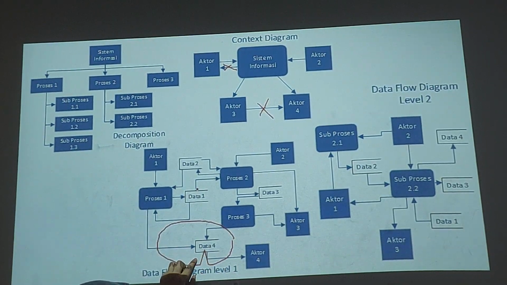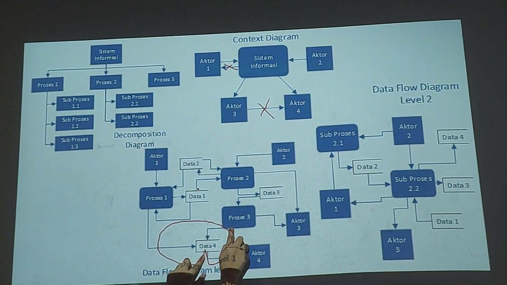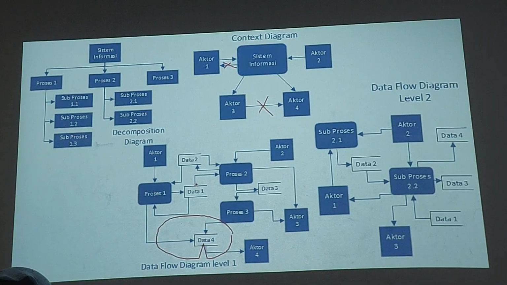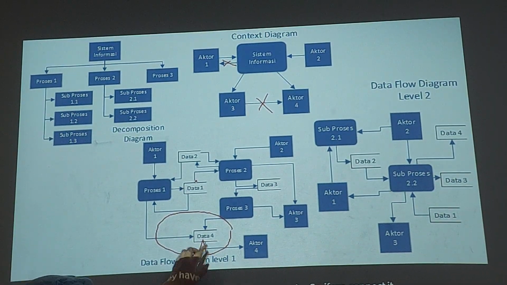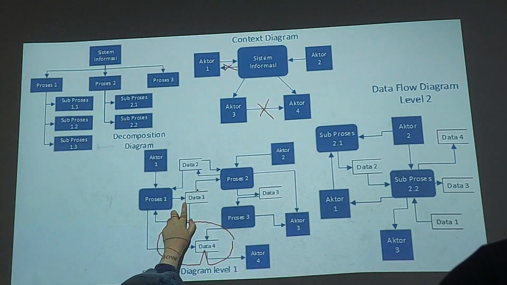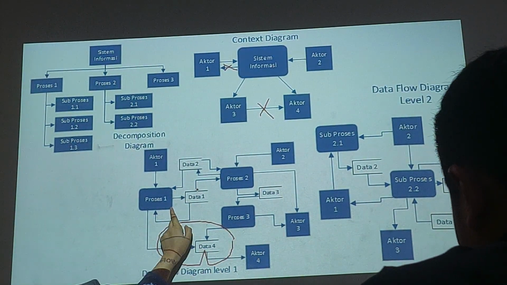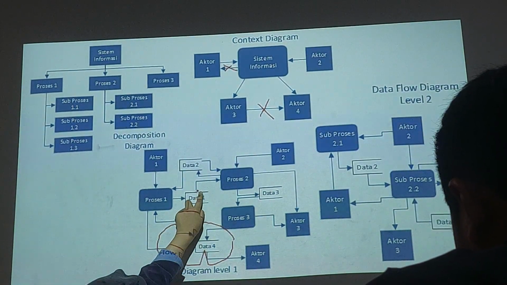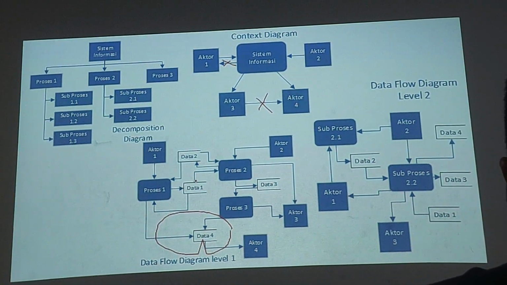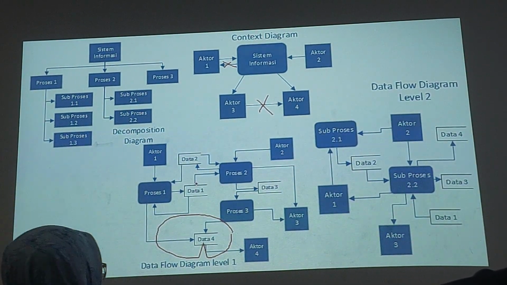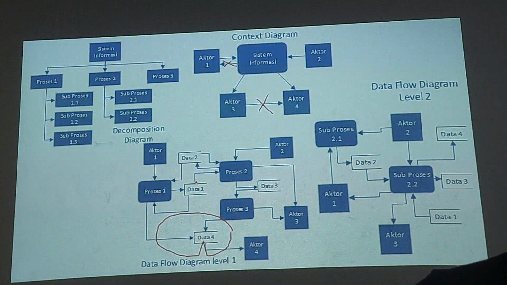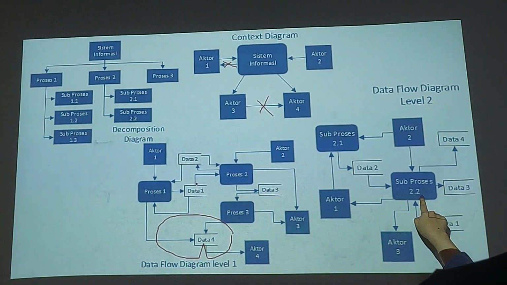So if we correct it, this one goes from process to actor. Do you understand? Yes. This one, the other one. Input. This one, data 2, mistake or no? This is correct.